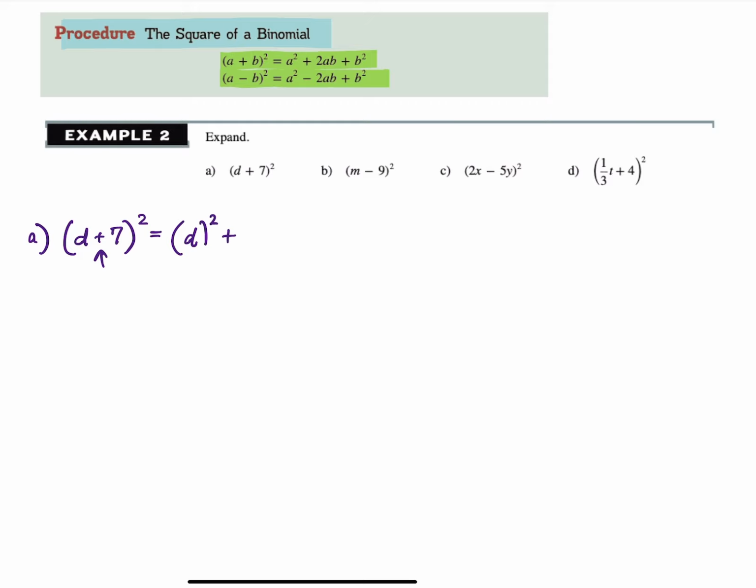We have a plus, so there'll be a plus here. So plus 2 times a times b, so 2 times d times 7, plus our second term squared, so plus 7 squared. So that will give us d squared plus 14d plus 49.